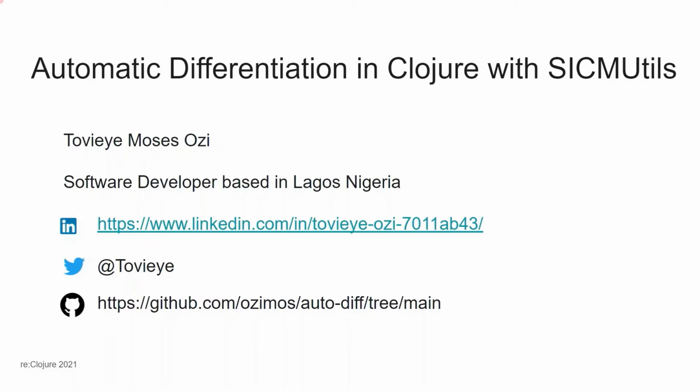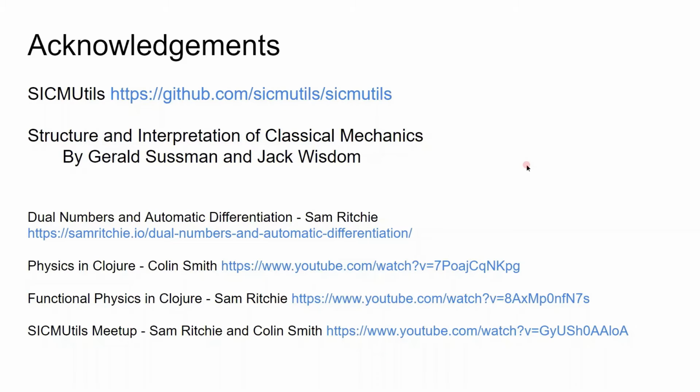The GitHub link for the repo this presentation is based on is on the screen as well. This talk is based on the SICMUtils library, and this is the link to the GitHub repo for the SICMUtils library.